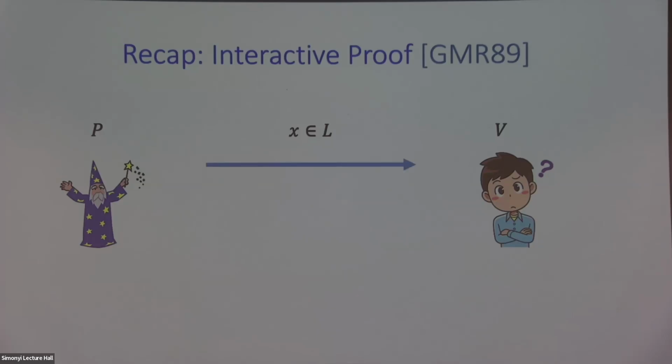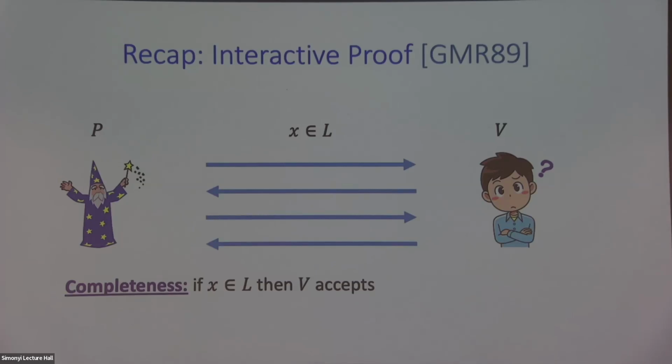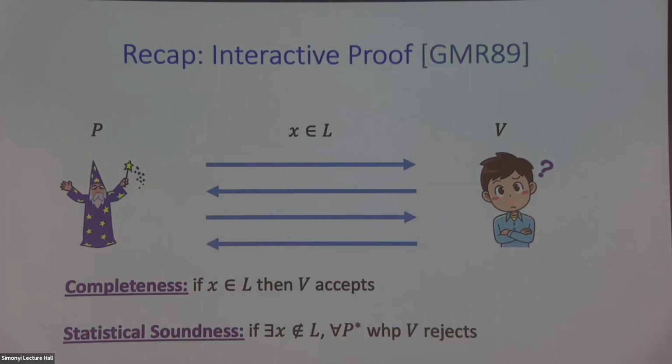They interact, and you probably all know that if the statement is true, we want the verifier to accept. If the statement is false, no matter what the cheating prover does, we want the verifier, at least with high probability, to reject.